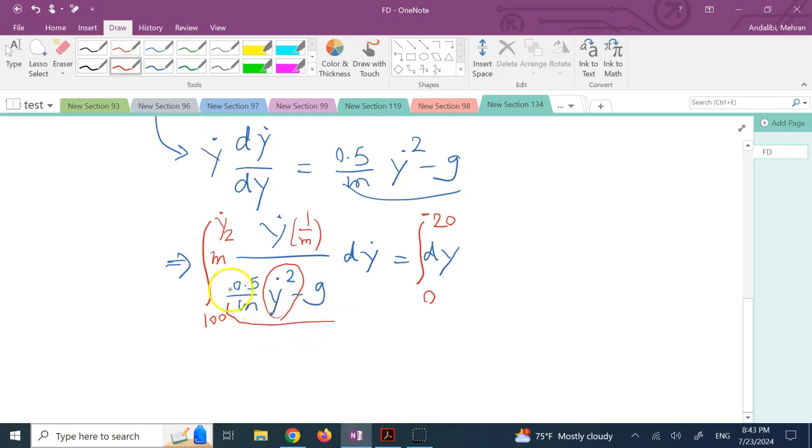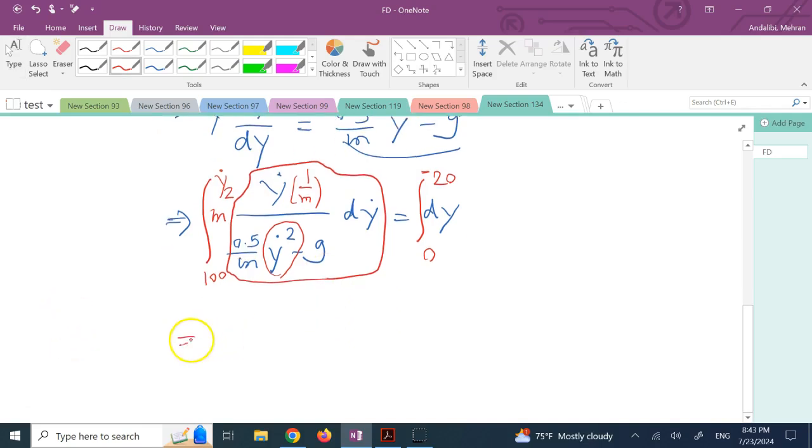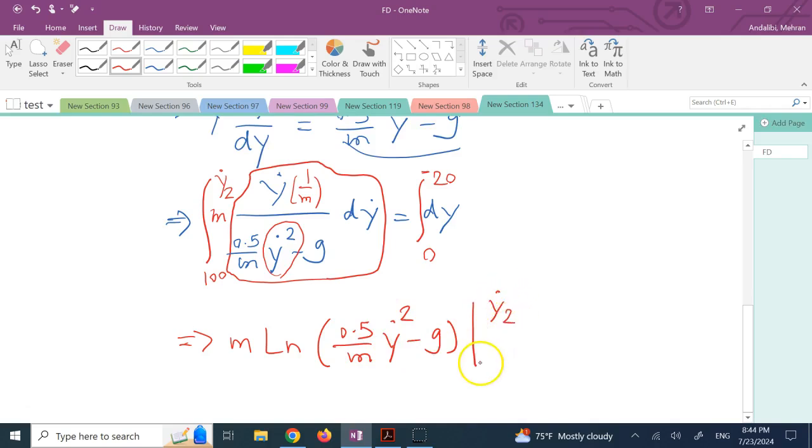And now this integral is clearly a natural logarithm. So it is going to be m times natural logarithm of 0.5 over m y dot squared minus g. This is calculated at y dot 2 minus calculated at 100. And the other side is simply going to be y calculated at negative 20 and 0.